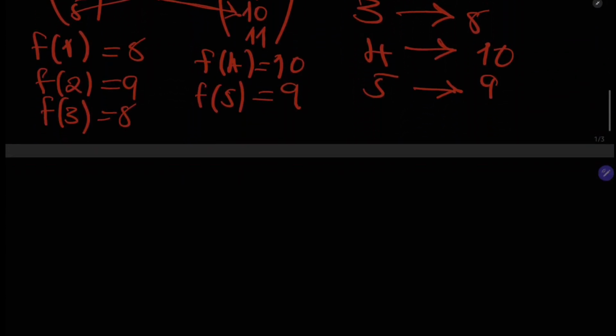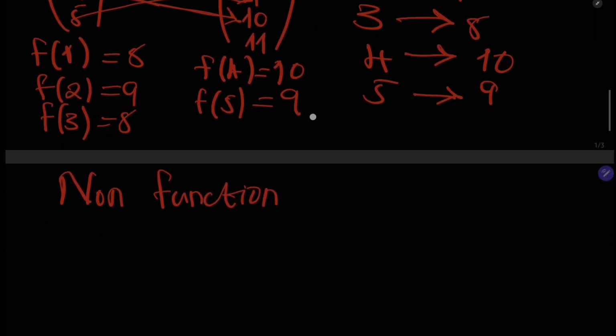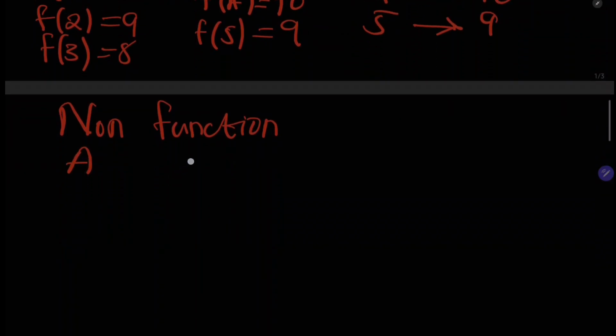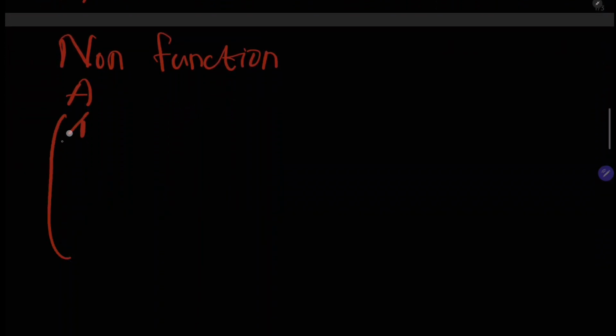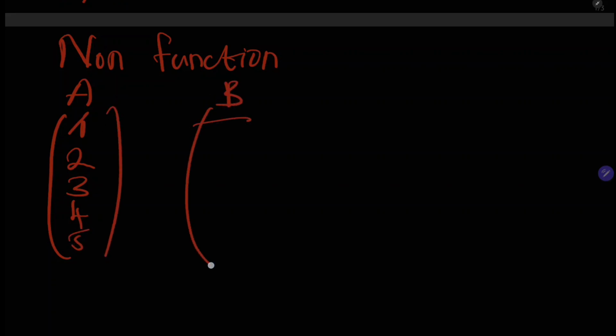So let's see another example of what non-functions look like. We are going to have the same set A, 1, 2, 3, 4, and 5, and B, 6, 7, 8, 9, 10, 11.